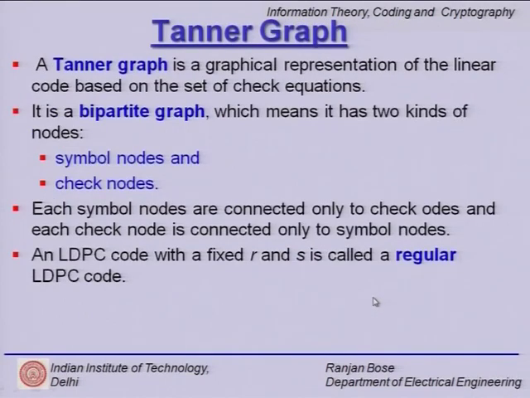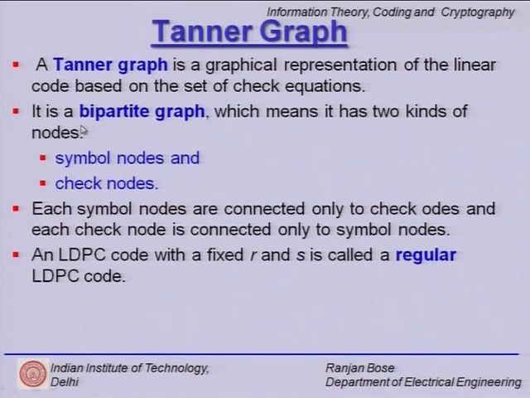Now, let us look at something called a Tanner graph. It is a very interesting graphical representation of the linear code based on check equations. So, we have again moved the focus to the parity check matrix, how it works, and since the parity check matrix does the great job of telling you whether the received vector is a valid code word, or the syndrome associated with it, we look at the parity check matrix side.